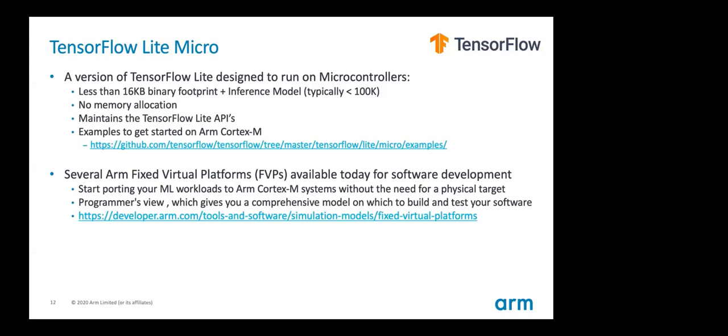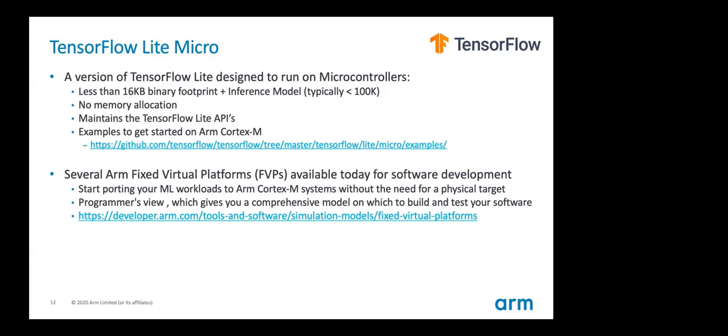Ronan later will introduce what Arm fixed virtual platforms are, but to give you a brief overview, FVPs, or fixed virtual platforms, are a great way for you to get started with your software development and porting the machine learning workloads to these Arm Cortex-M7 systems without needing an actual physical target board or device.